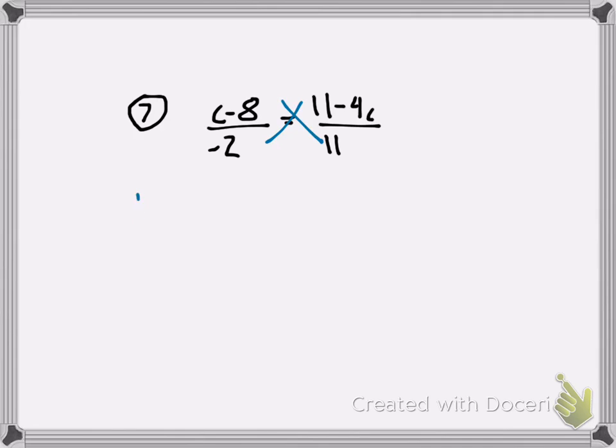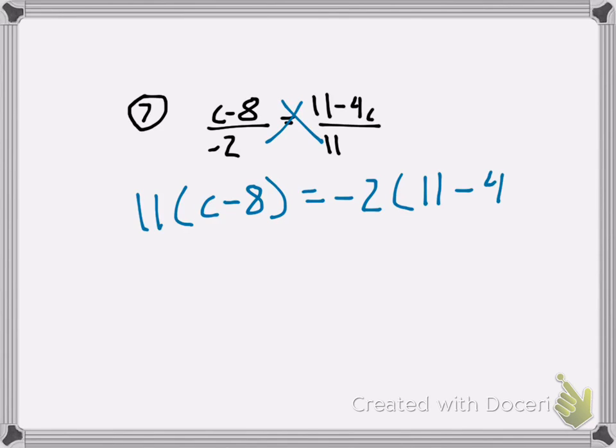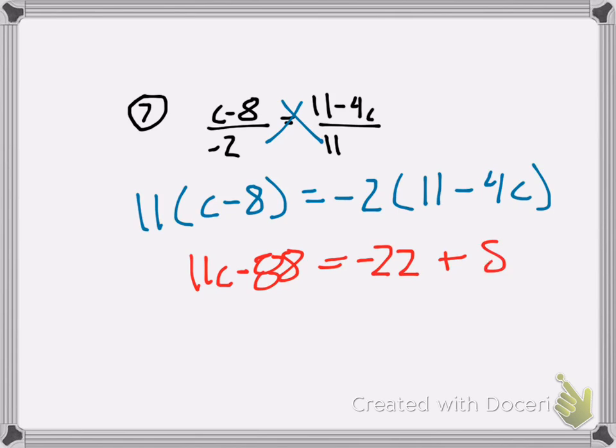Similar type problem. 11 times c minus 8 equals negative 2 times 11 minus 4c. I can then distribute. Distributing gives me 11c minus 88 equals negative 22 plus 8c.